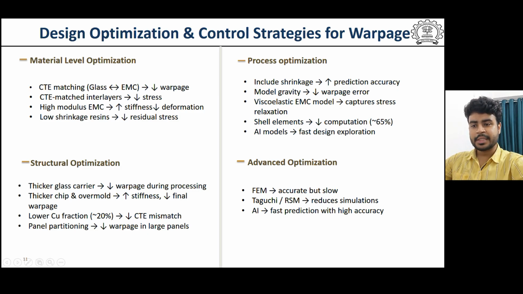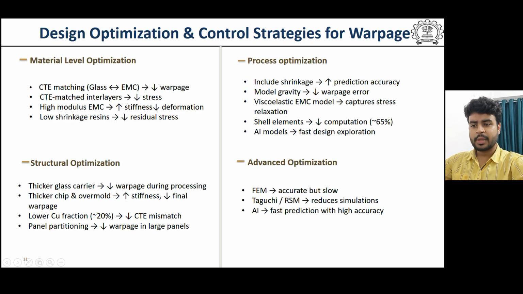Using CTE matched interlayers reduces interfacial stresses. A high modulus EMC increases stiffness, which prevents excessive deformation of the panel. And low shrinkage resins reduce residual stresses formed during curing. So proper material selection is essential to control internal stresses.